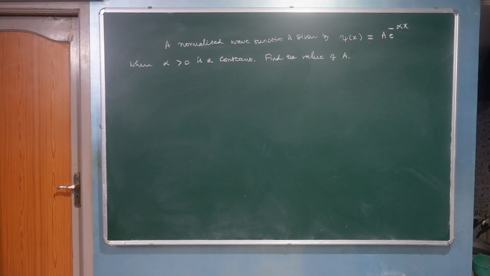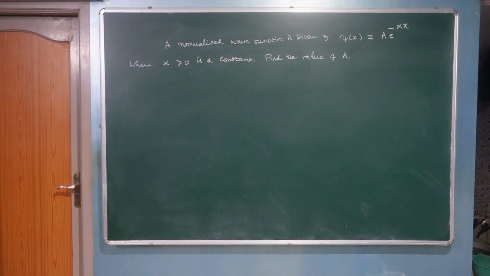See this problem. A normalized wave function is given by psi of x equal to A e power minus alpha x, where alpha is a constant whose value is greater than 0.